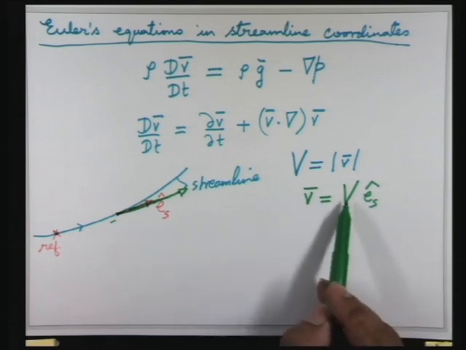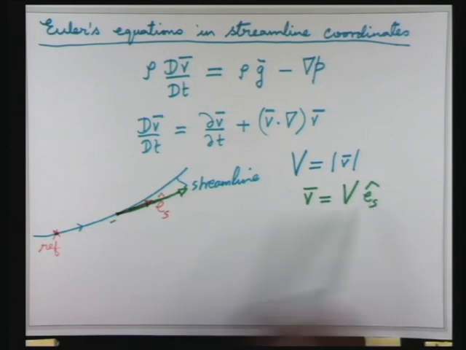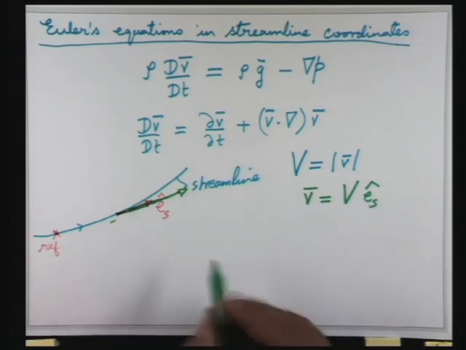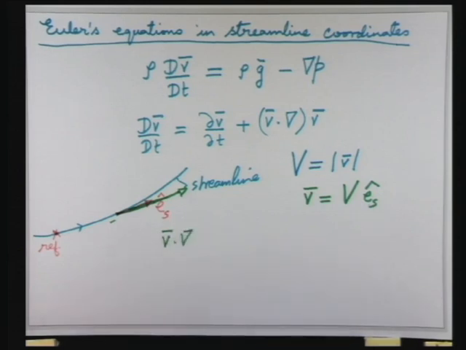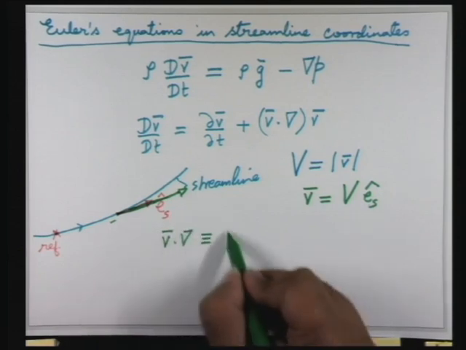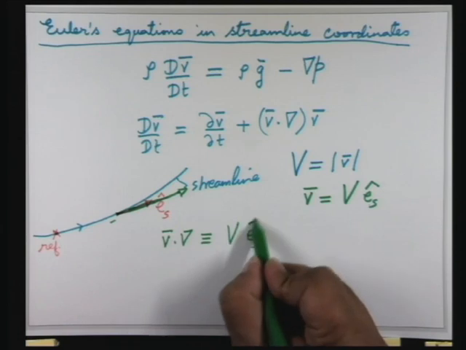So, this capital V is the magnitude of the velocity, and this is giving you the direction. Now, if you look at V dot grad, this operator, you can write it as V into Es dot grad.